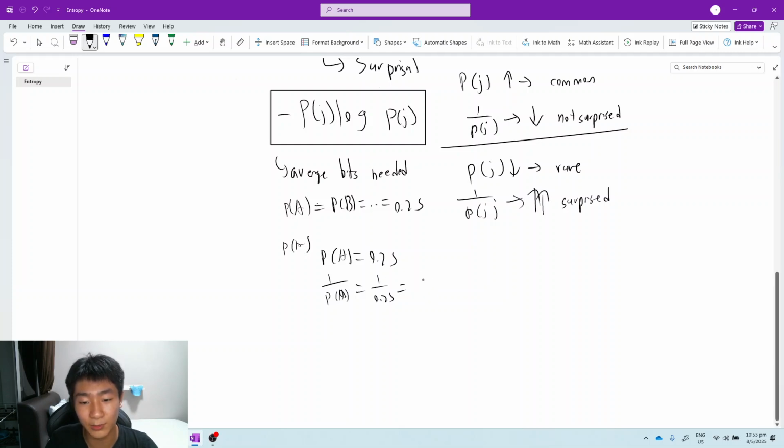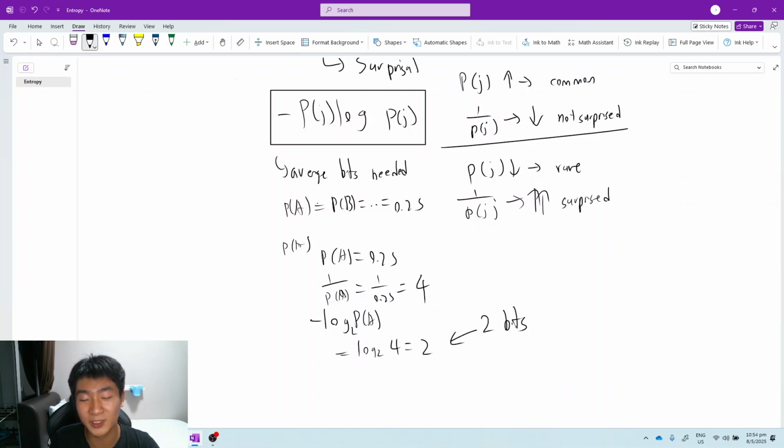I know, it's 1 over 1 over 4, so it's actually 4, yeah. Actually, no, there are 4 possible instances. I'm stupid. Wait, never mind, that's not what it means. When you put that back into the equation, so negative log PA, if you sub everything back in, it's log 2 of 4, which is 2, which correctly shows you need 2 bits to represent this information of A.